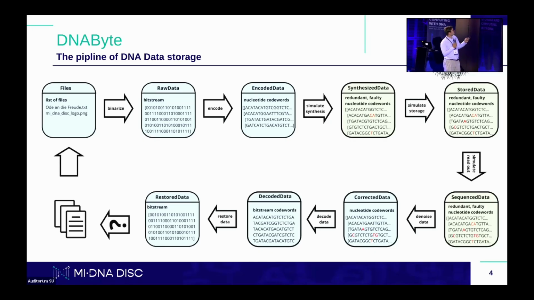You always start out with some kind of digital file, you binarize it, you encode it, you simulate the 3 error channels or maybe more, then you do the reverse by correcting and restoring, etc. What I'm trying to say is that this pipeline is inherently modular, and you can very easily create good data objects that essentially represent these data characteristics, and create methods which allow you to move from one step to the next.